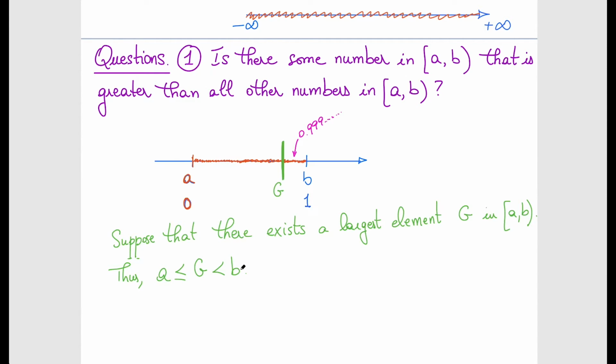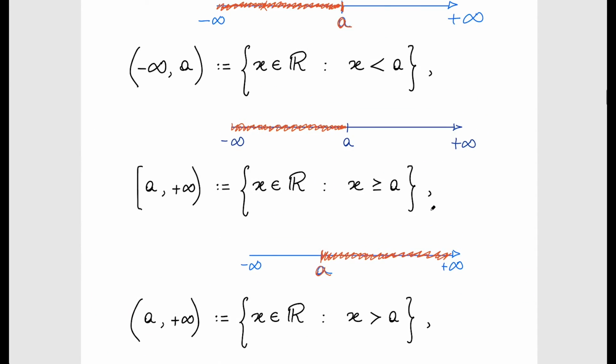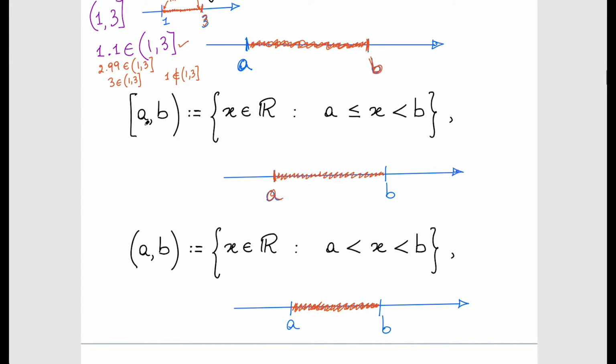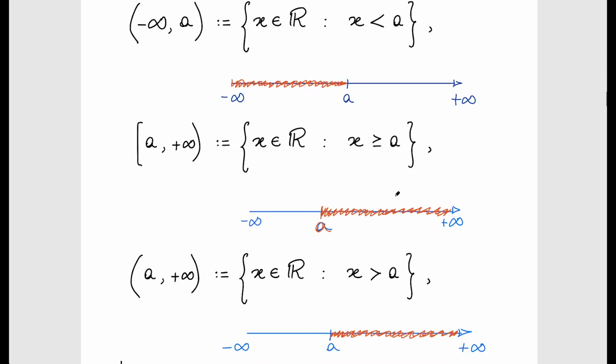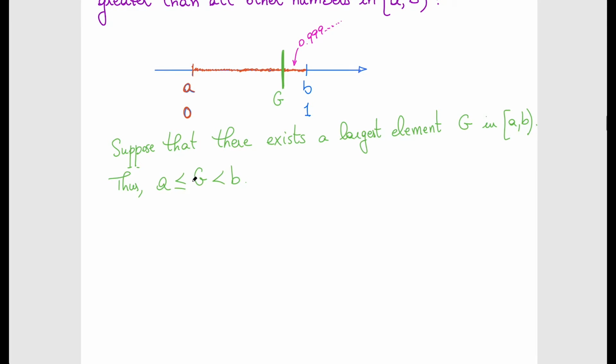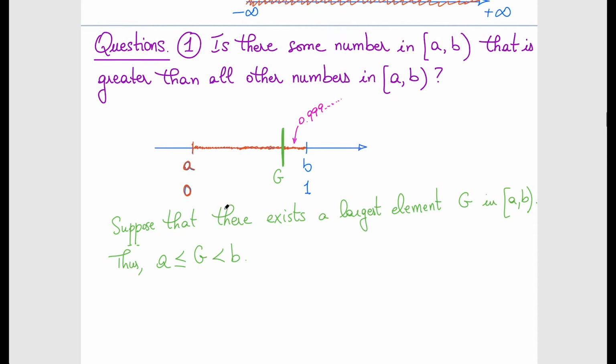Am I correct? Because any element in this interval AB has to be at least A and smaller than B. That's exactly what I'm saying. Since G is an element in AB, and it's the largest element, since it's within AB it has to verify this, and it's the largest among all of them. I'm saying, okay, let's suppose this happens.